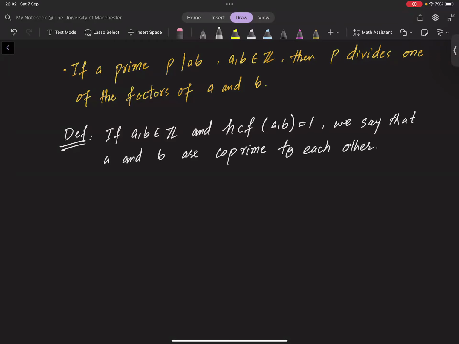Okay. So an example can be 17 and 1024 are co-prime, because the HCF of 17 and 1024 is 1 only.